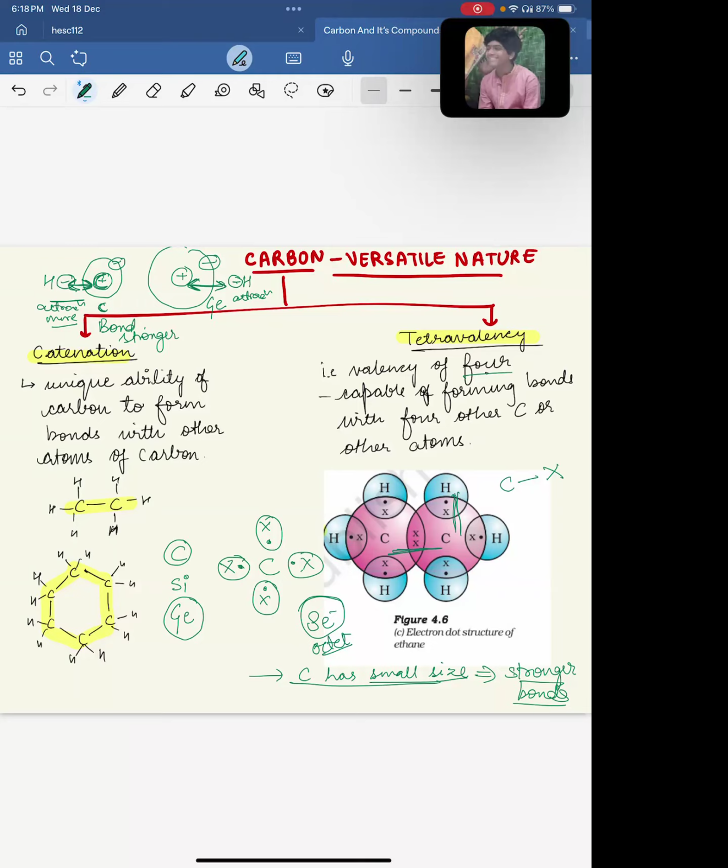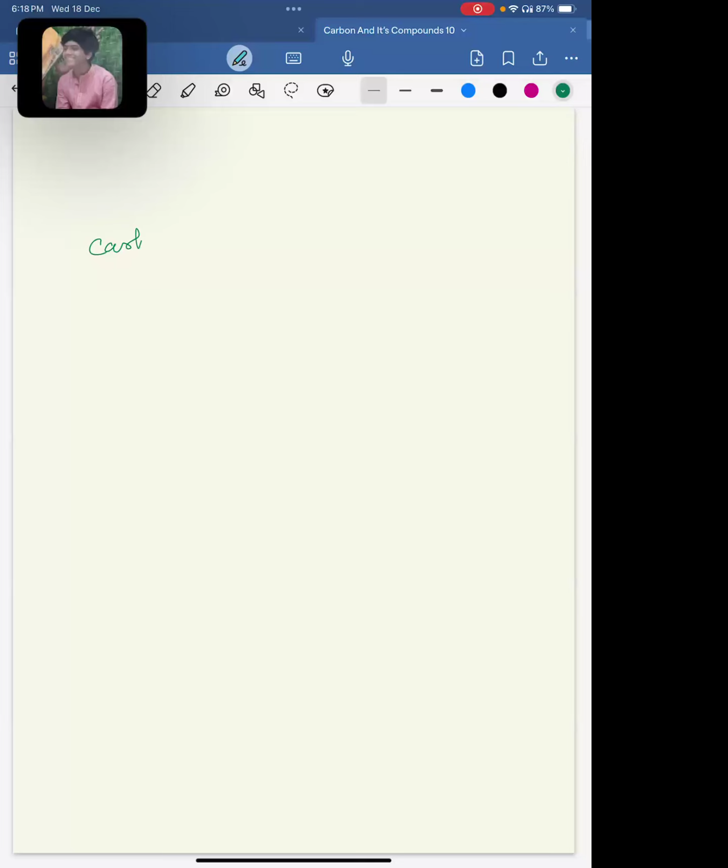So, is this clear or shall I repeat? Ma'am, can you repeat it again? Okay. For example, here we have taken carbon, and here we have taken germanium.